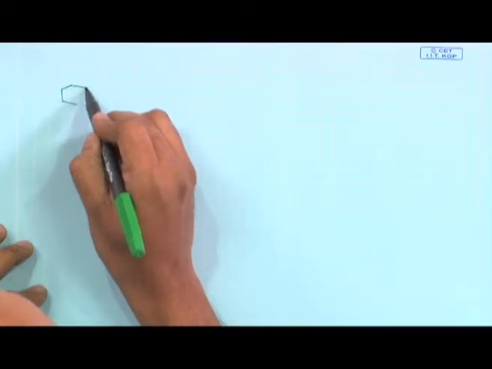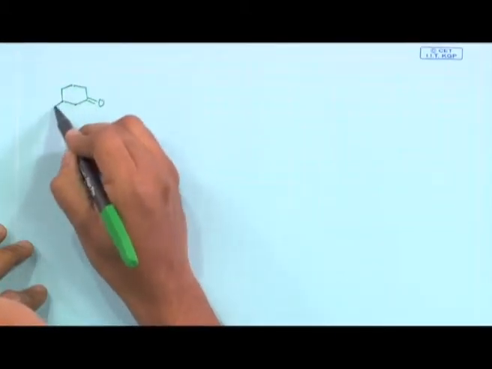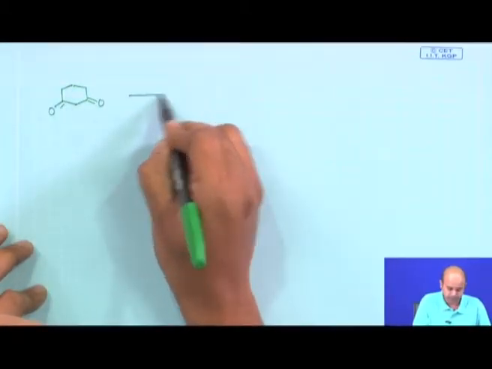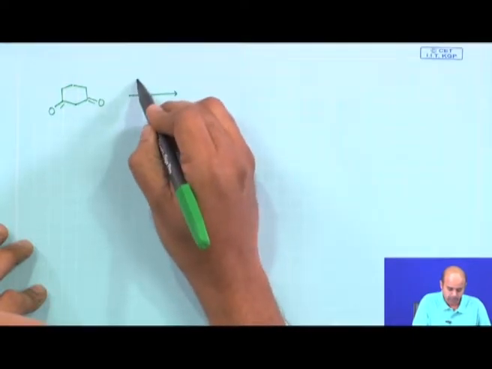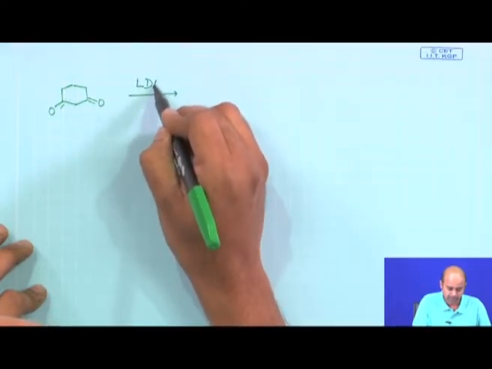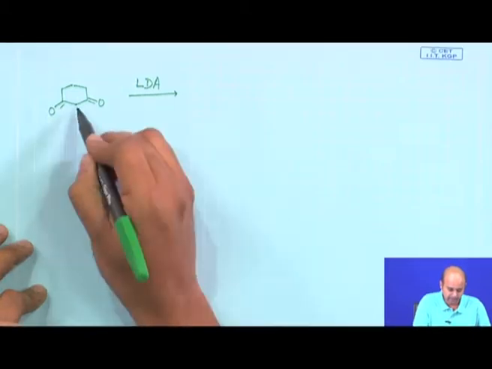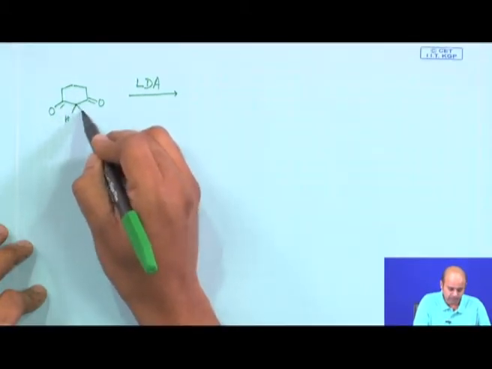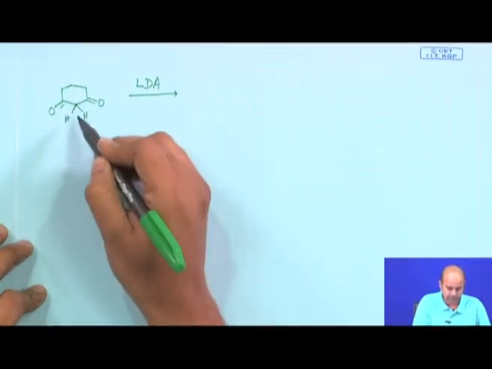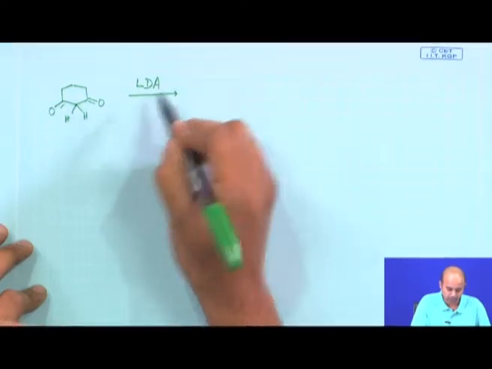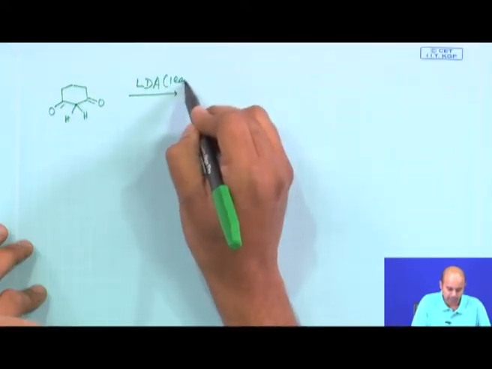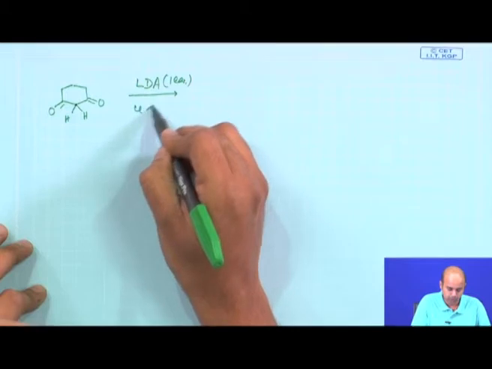Initially we will start with the starting material which was given to you, a cyclohexane 1,3-dione. You do a base mediated alkylation with LDA. This is the most abstractable acidic hydrogen, one equivalent of LDA, and then you react with chloroacetaldehyde.